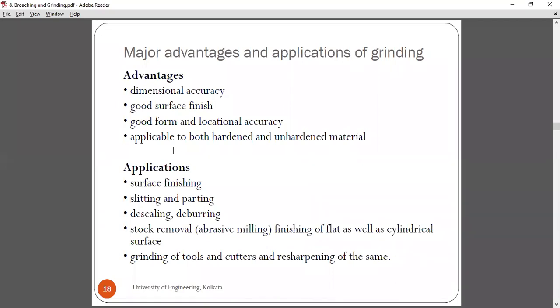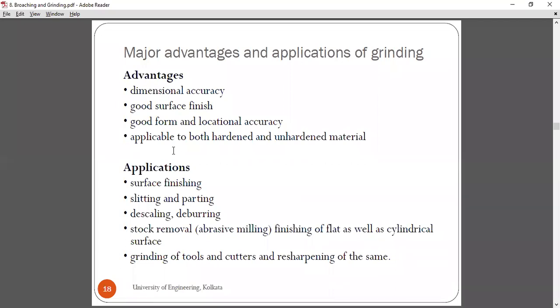Descaling. Descaling is for any kind of scale formation. Any accumulation of oxides or rust, we can remove it. Any kind of burr formation that has taken place due to any mechanical working process can be removed.